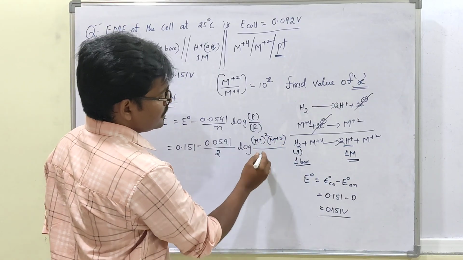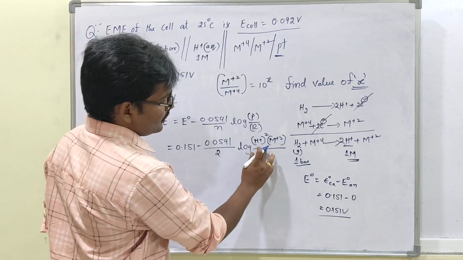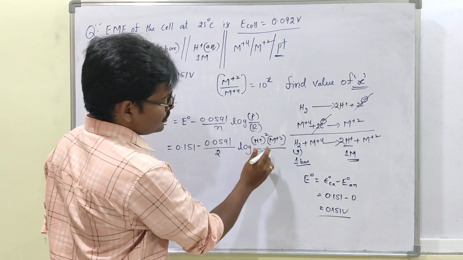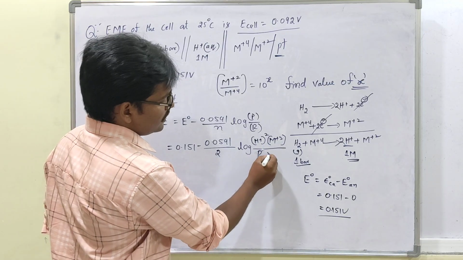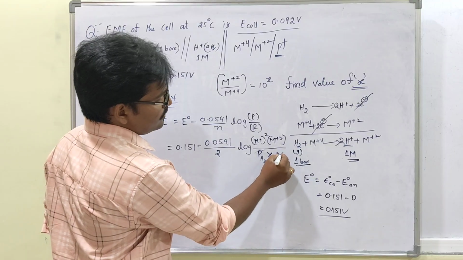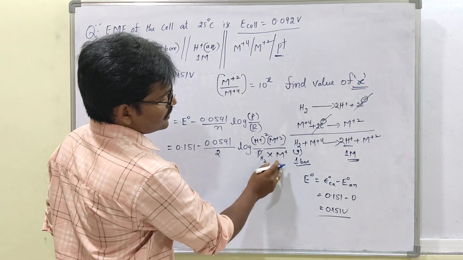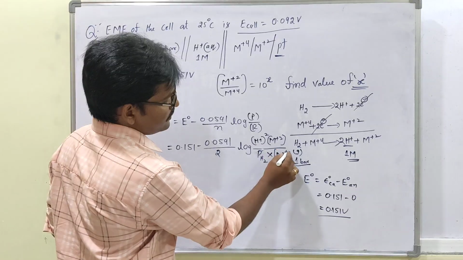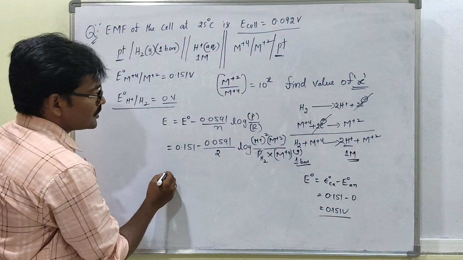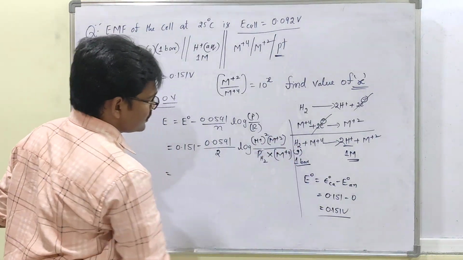Then divided by reactants, what will be there? H2. This is not concentration, we have to take the partial pressure of H2, then M to the power of what? 4, right? Yes.